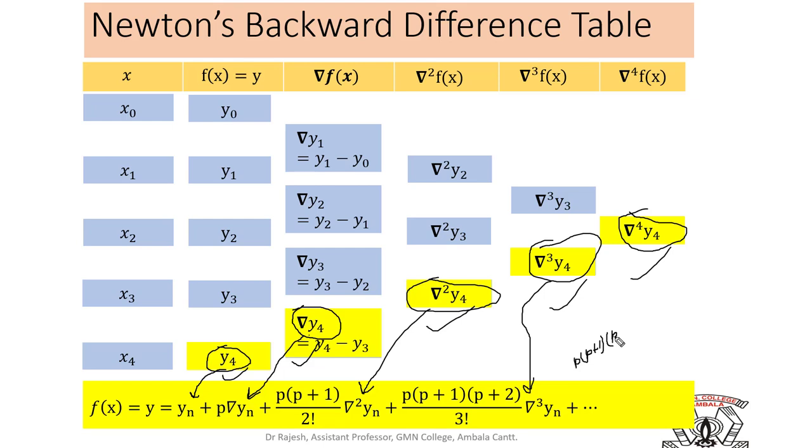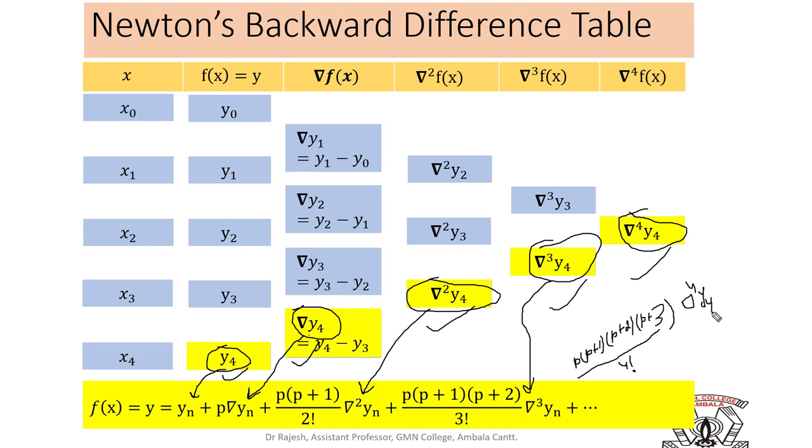So you could generalize up to whatever terms you want based upon the demand of the question. p plus 2, p plus 3, so you could easily generalize. p plus 3, this will be enclosed in the braces, divided by 4 factorial, and it will be del 4 y 4.